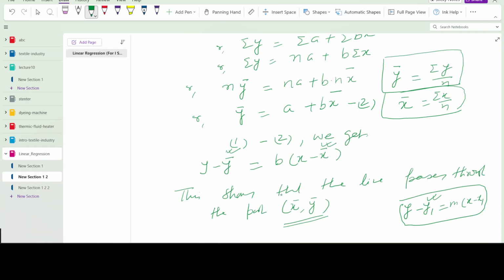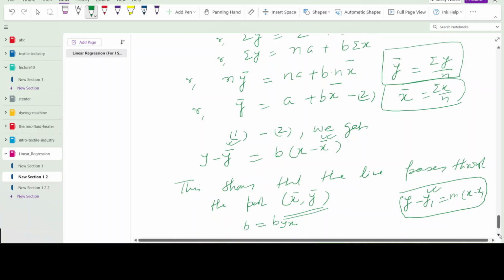And when we regress y on x, here we have regression of y on x, so this b will be termed as byx.